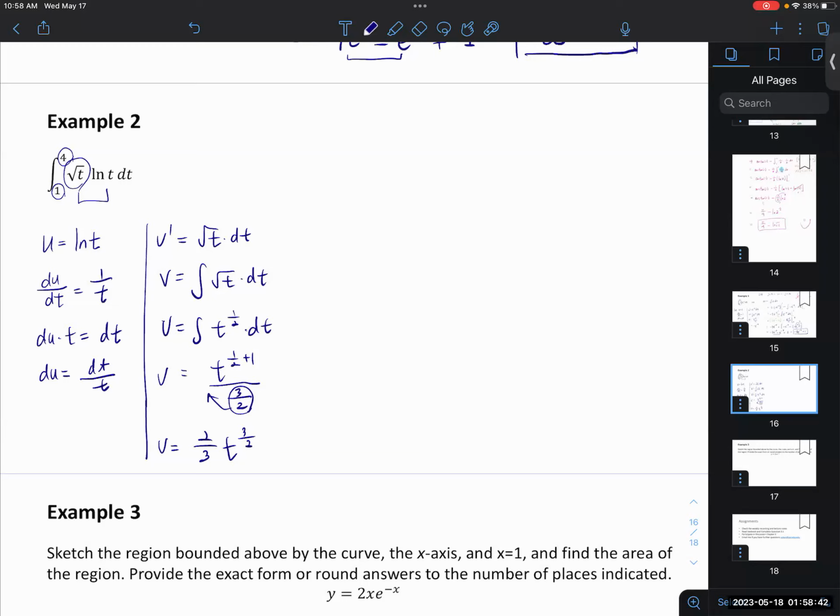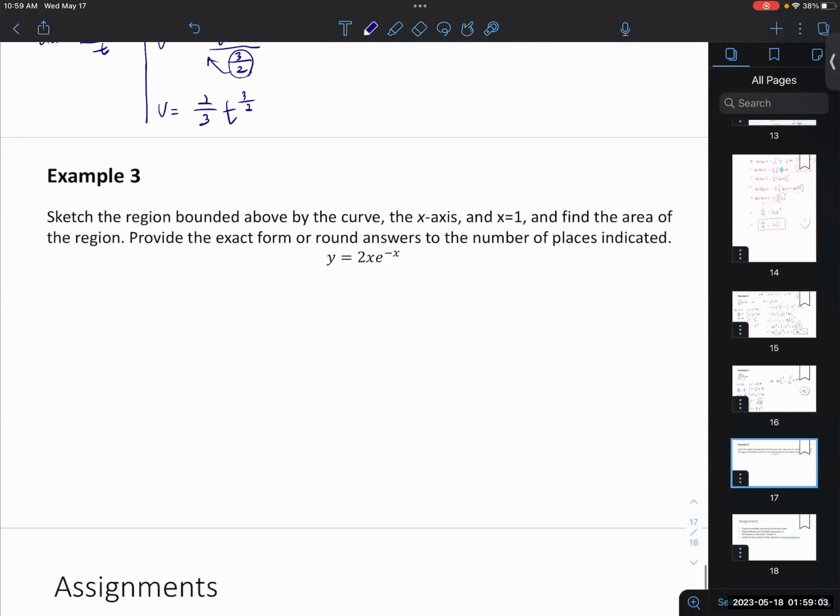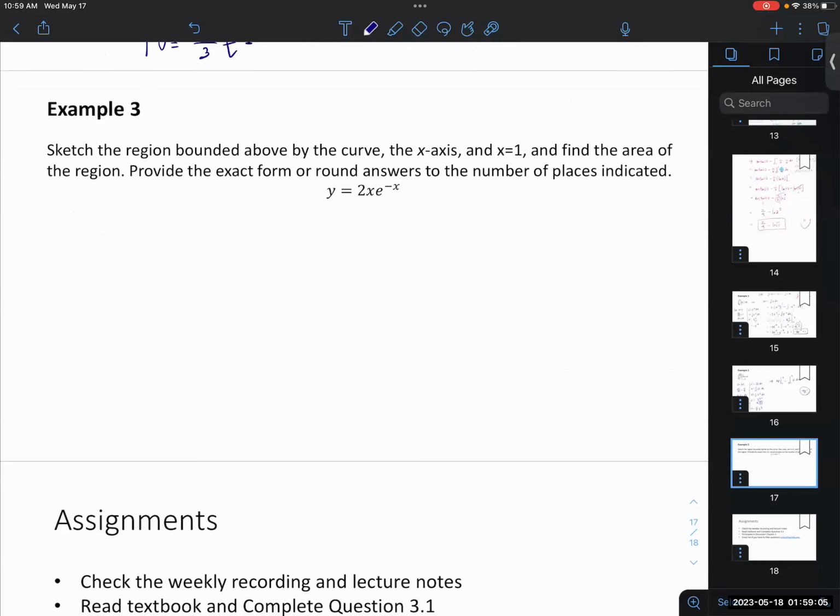So you have all the information, then take uv from 1 to 4, minus the integral from 1 to 4 of v du. Try the next one. So you can try this. I'm not going to finish. I trust you guys can finish this question. Same strategy.